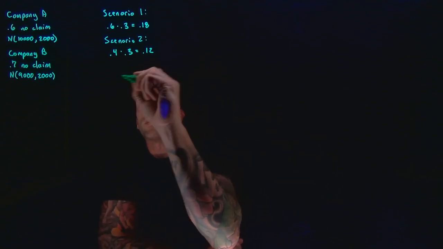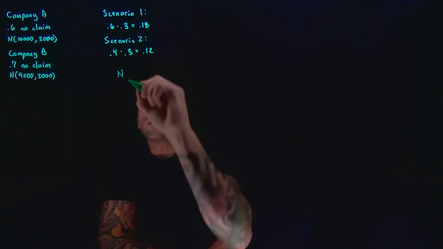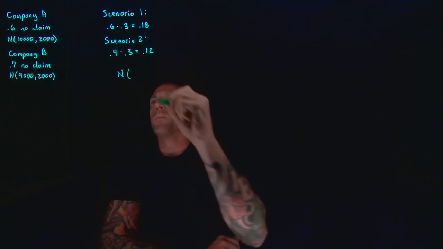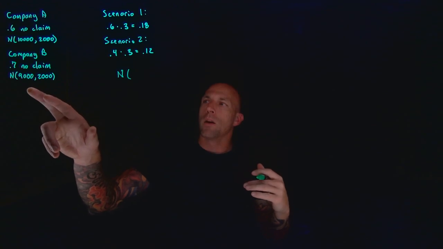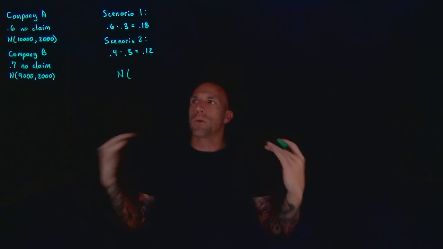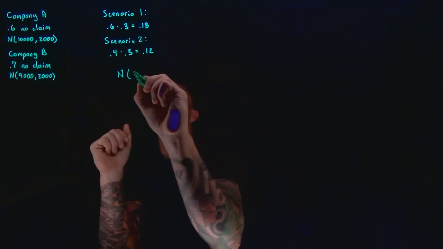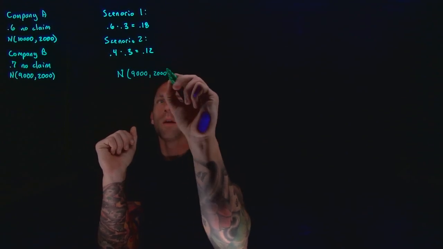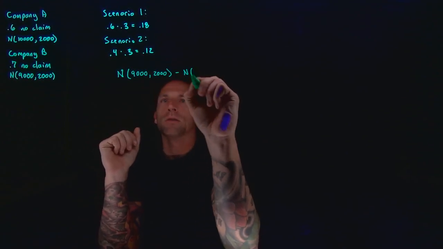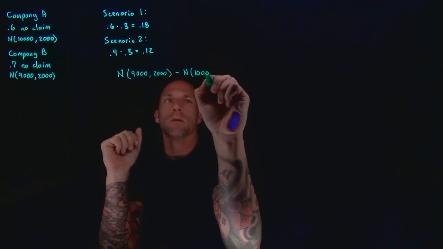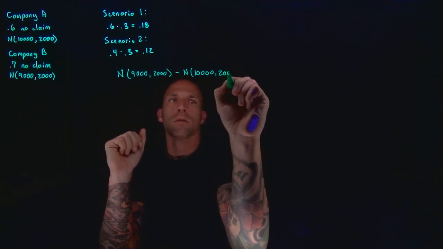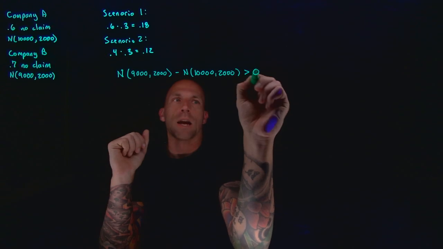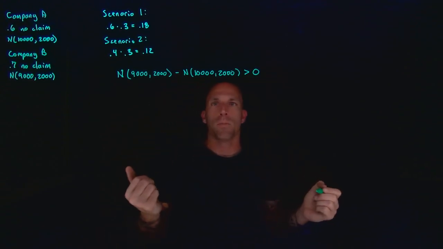So let me write out the equation that we're really solving here. We want to know the probability that company B has greater claims than company A. So that would be company B's distribution minus company A's distribution has got to be greater than 0.